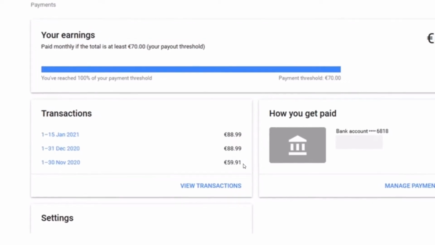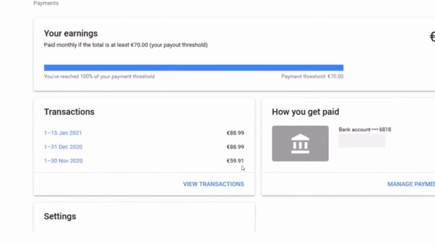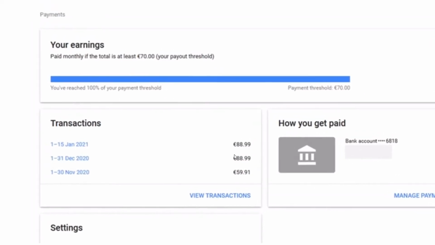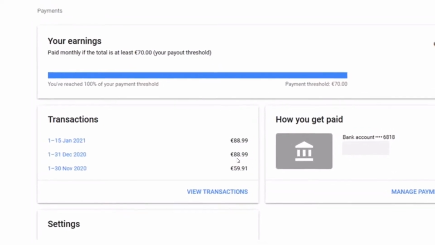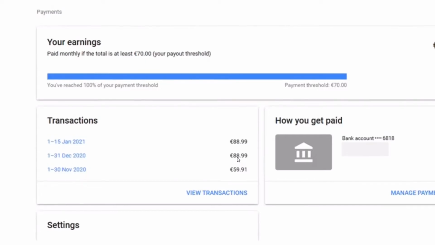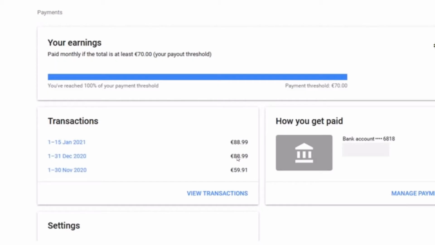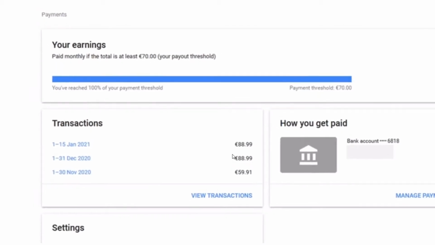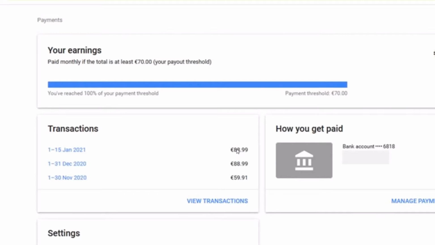You see that my balance at the end of November was 59, so I earned 29 for the month of December. That 29 increased my initial balance of 59 now to 88.9. Okay, and now the 29 euros, as I explained, was paid to me on the 11th of January.